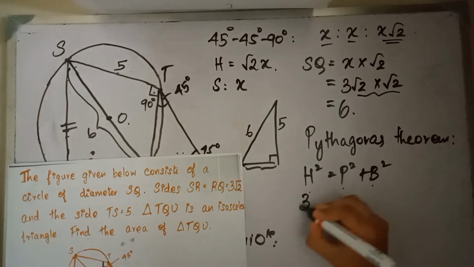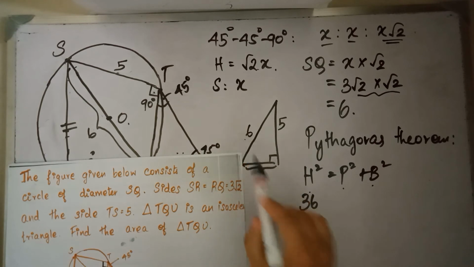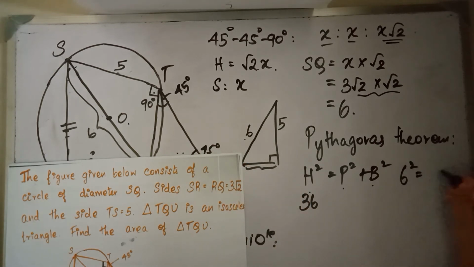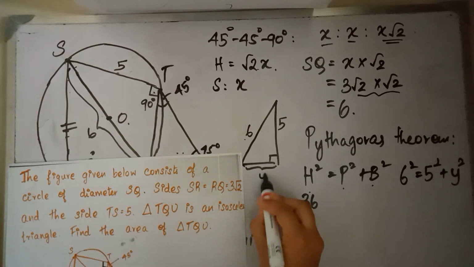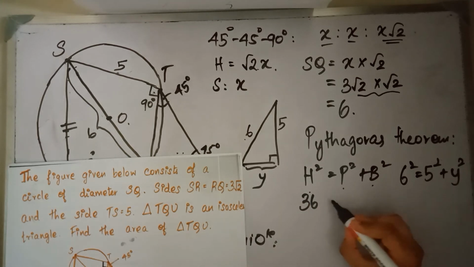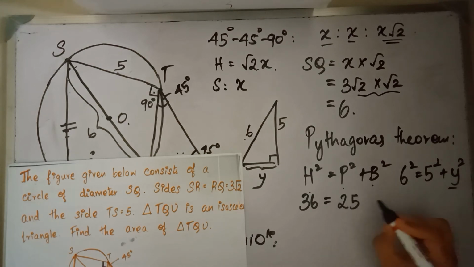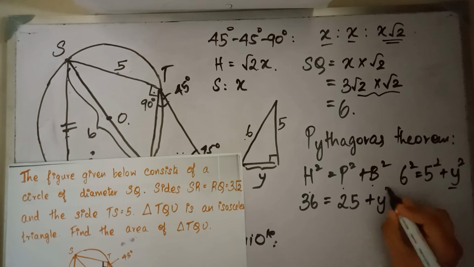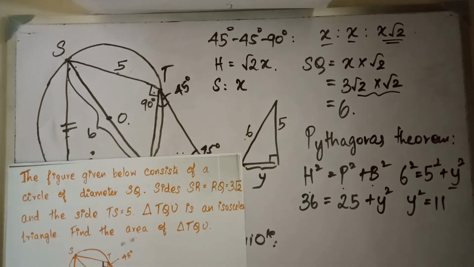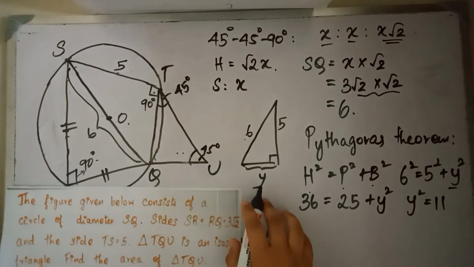So we have 6 square is equal to 5 square plus y square. And what is y? Y is this part. So to solve for y, we take 36 is equal to 25 plus y square. So what will y square be? Y square will be 11.